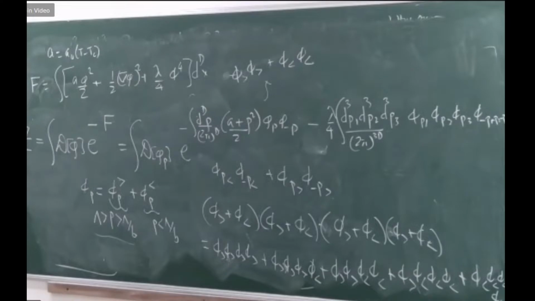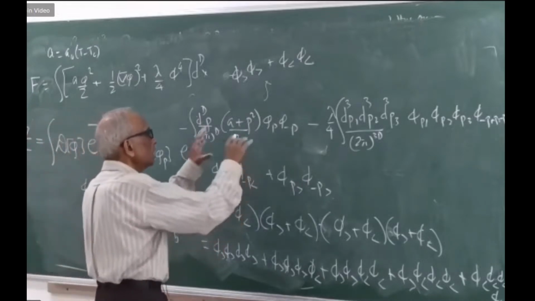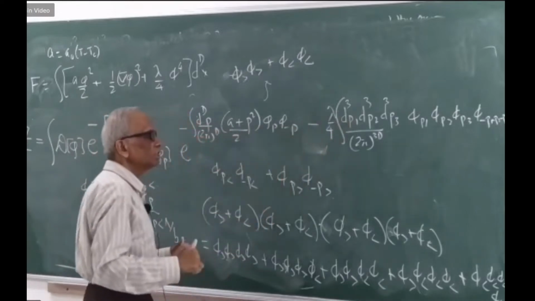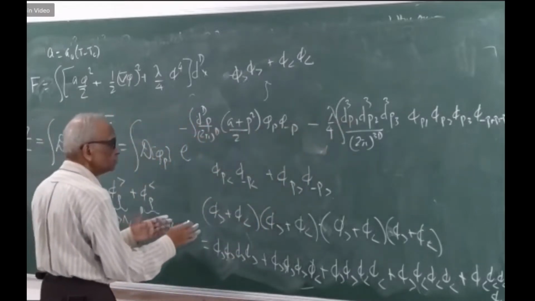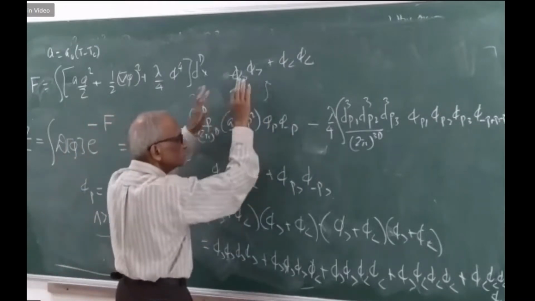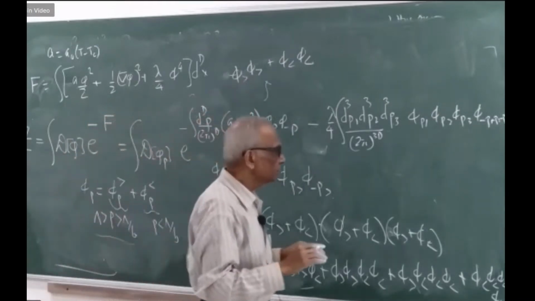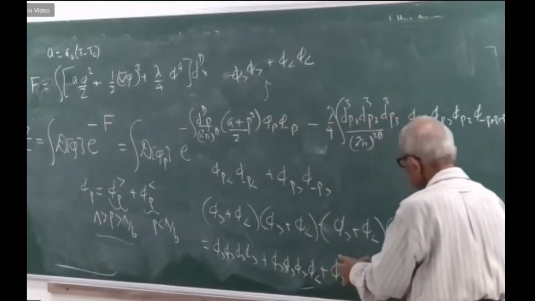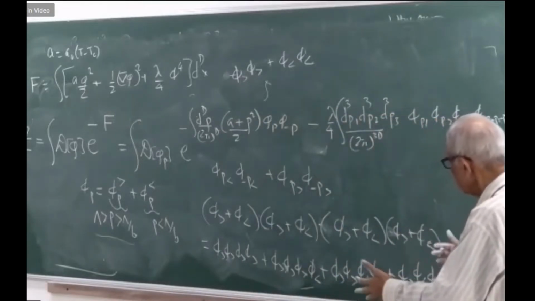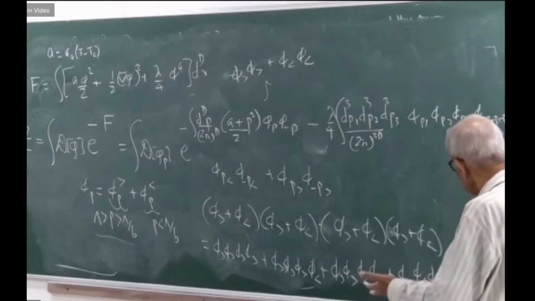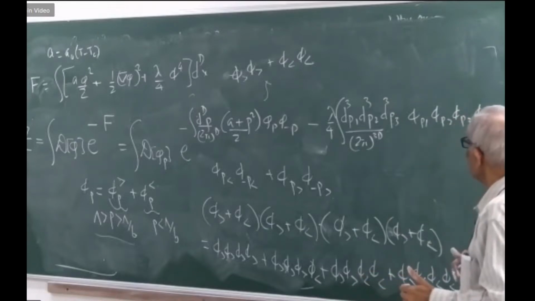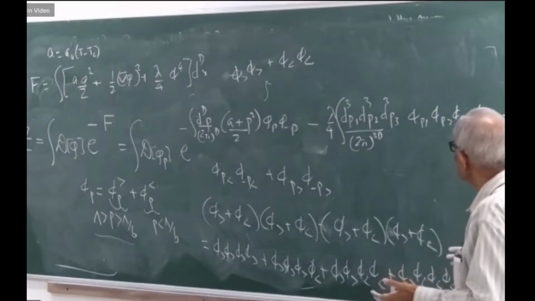But survive and do what? I write this out over here. I substitute for this as this, easy. I substitute for this, and now it is not so easy because it looks like a mess. So what am I supposed to do?